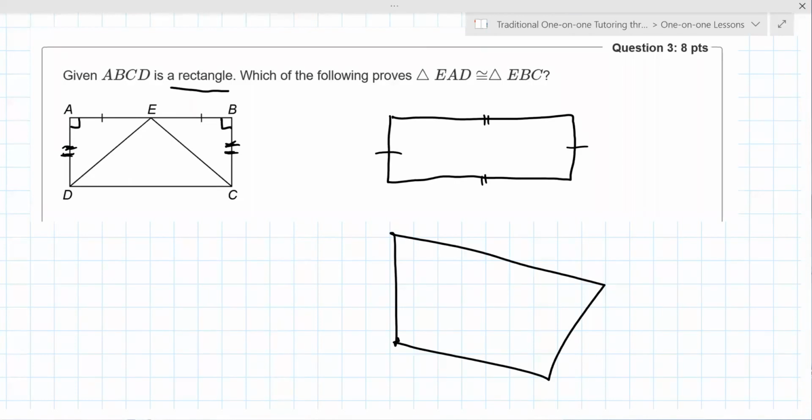So I'm asking you, what is it that makes it look like a rectangle? You can't use the word to define something. If this is 4, then what is this side over here? 4. Why? Because it's the same number. That's what I was asking you to say. Because they're congruent.